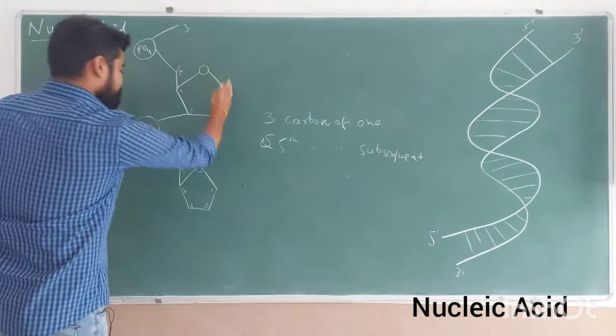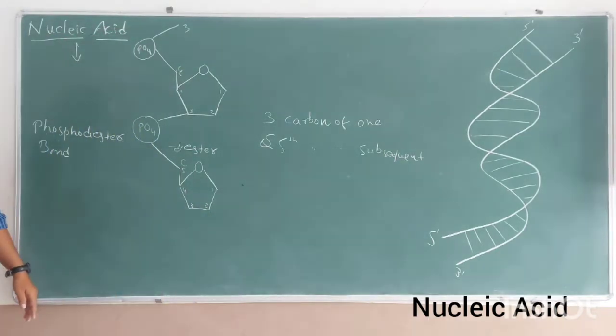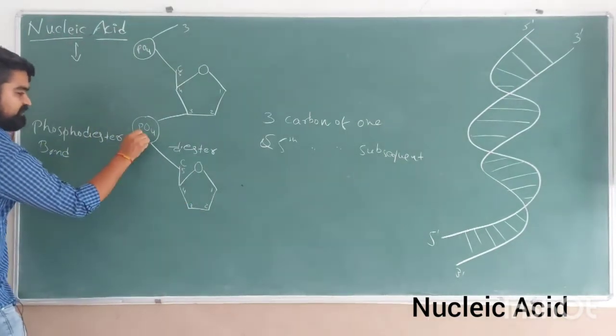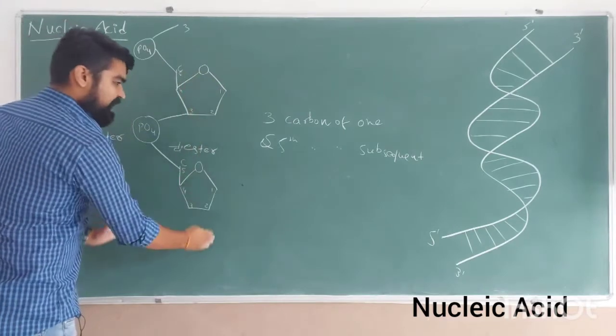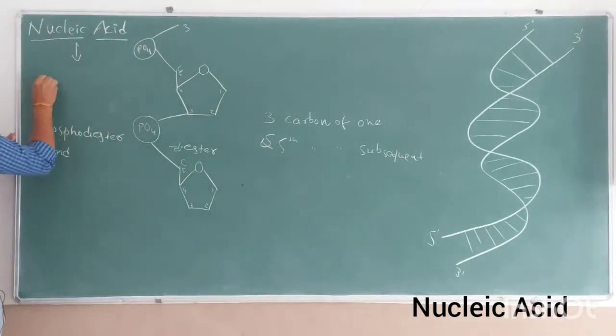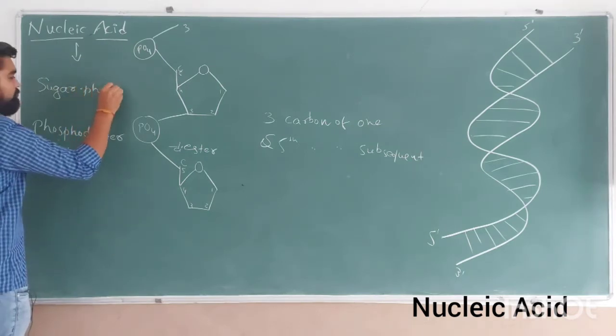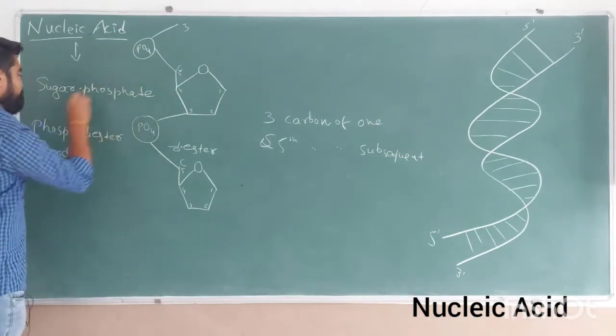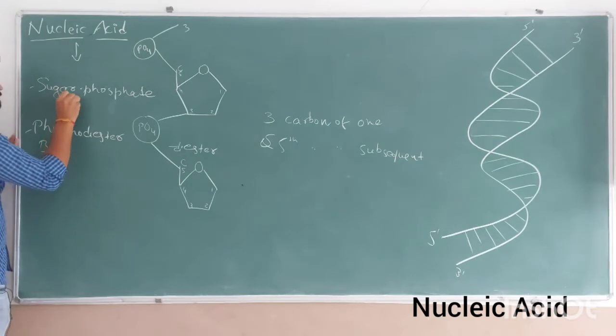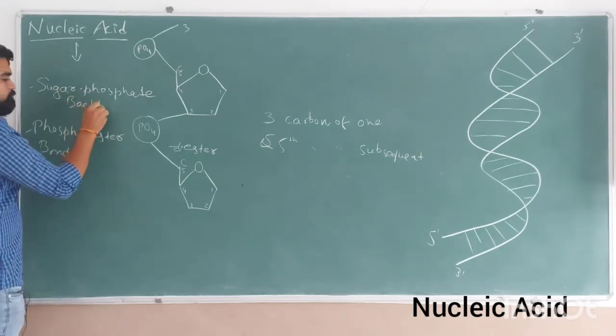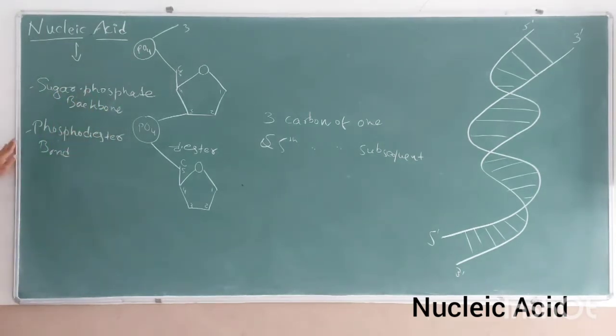This particular structure is called the sugar phosphate backbone. This is sugar, this is phosphate, and it creates a backbone of the structure. That's why it is called the sugar phosphate backbone.